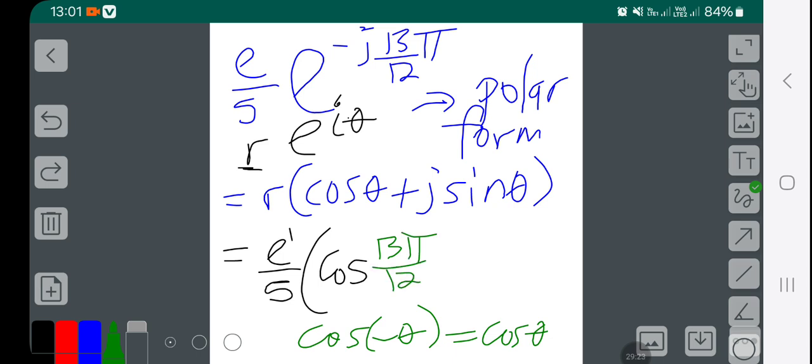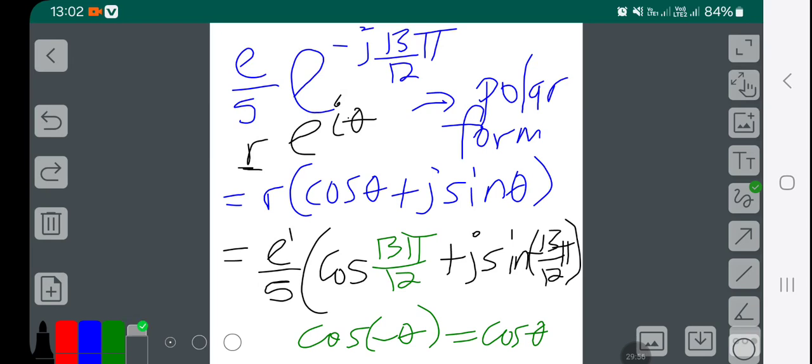If it's negative or positive, you get the same answer. But for sine, you must put that negative, please. So it will be sine negative 13 over 12 pi. Yeah, for sine, you just need to put a negative. Remember, there's a negative there on that sine.